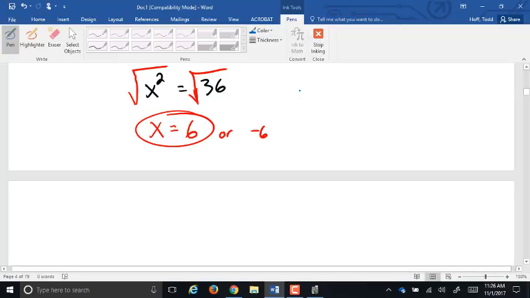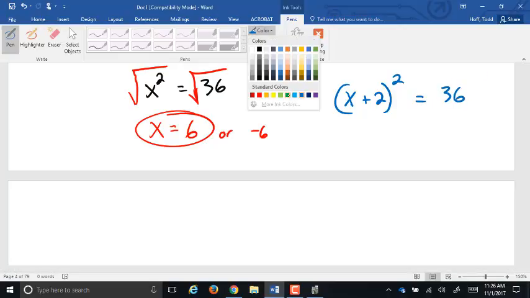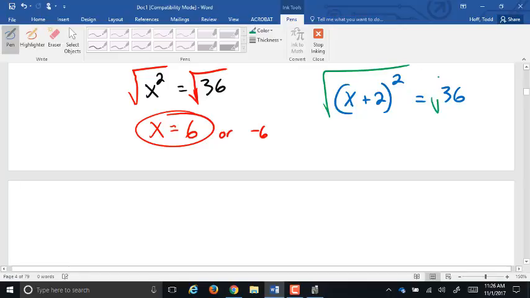If you had something like this, x plus 2 squared equals 36, you would square root this. So you've got x plus 2 equals, because the square root and the squared cancel each other out, the square root of 36 would either be 6 or negative 6. Then you'd have to solve both of those equations.